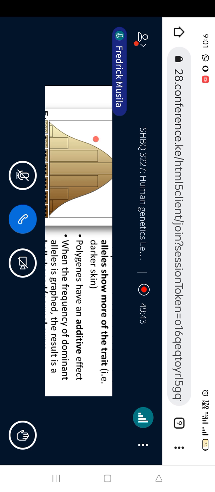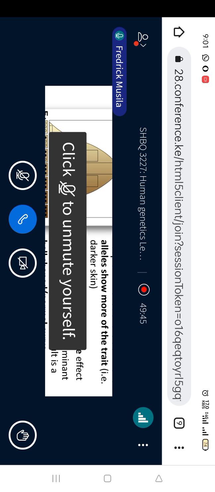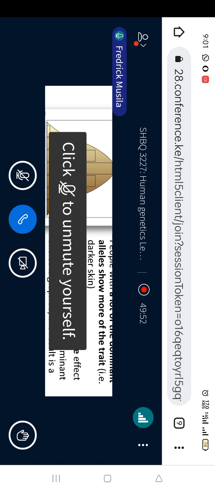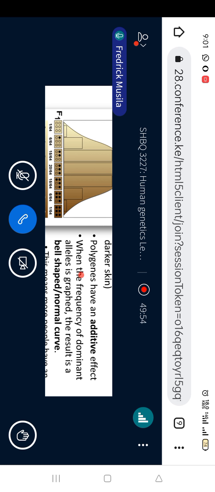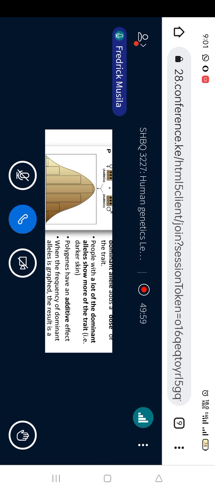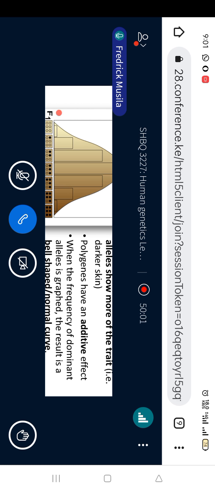But what can you see here? I'm sure you have done some biostatistics. Normally, when the frequency of the dominant allele is plotted, you form a bell-shaped or normal curve. You have heard of the normal distribution, the bell-shaped curve. It means what?